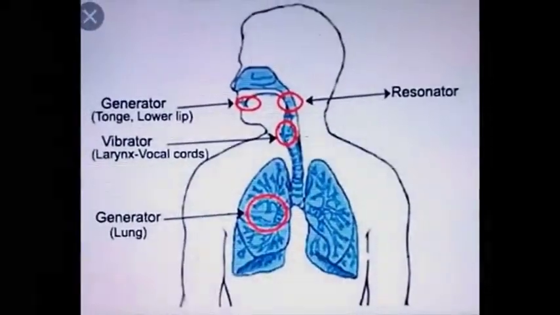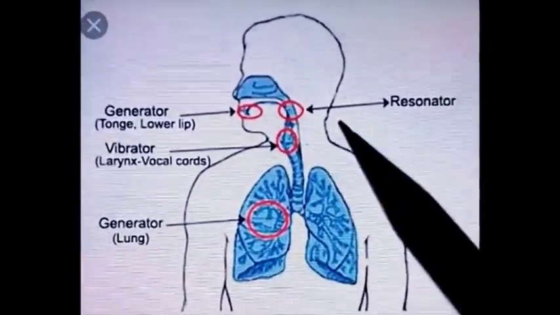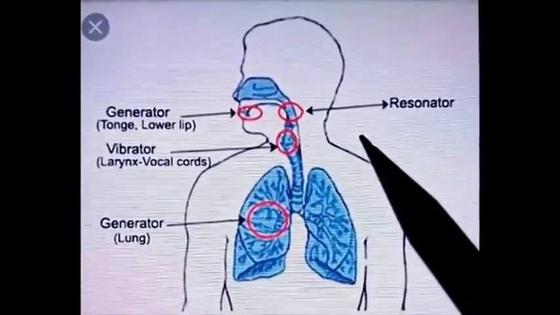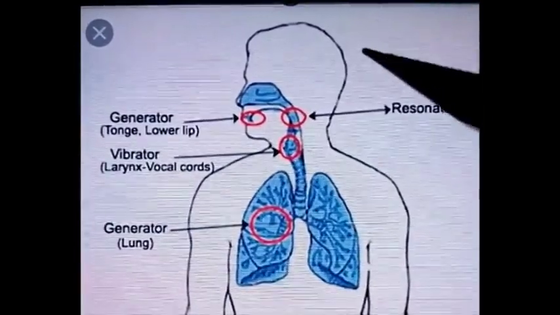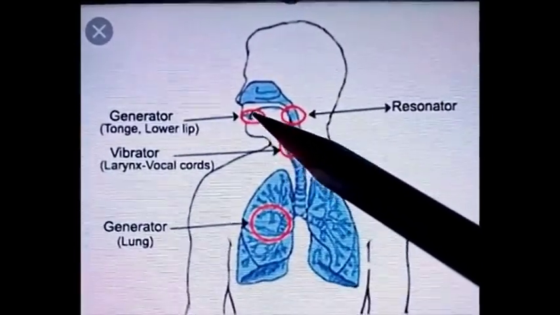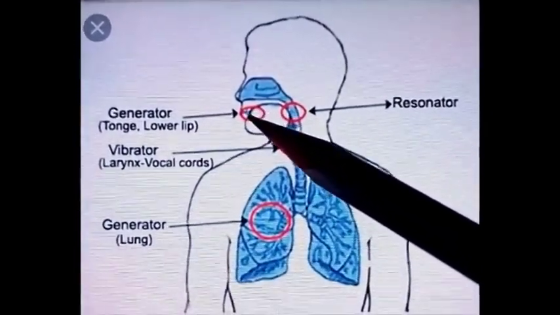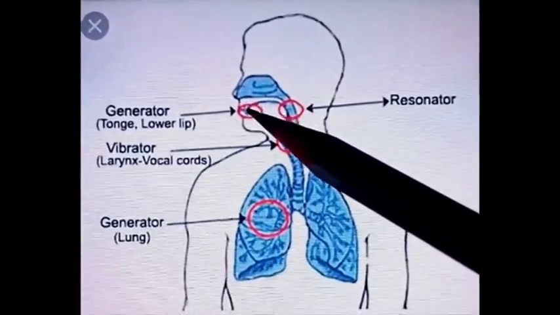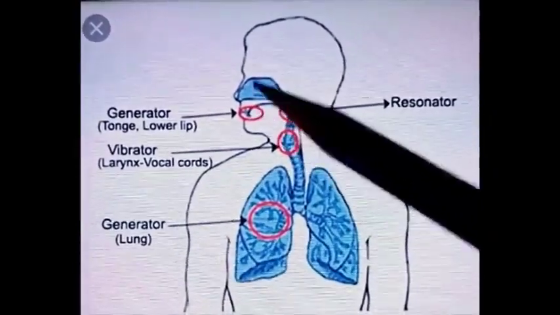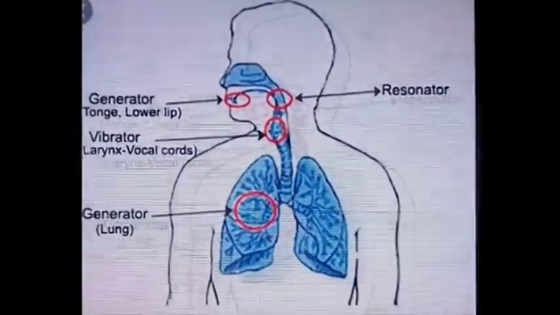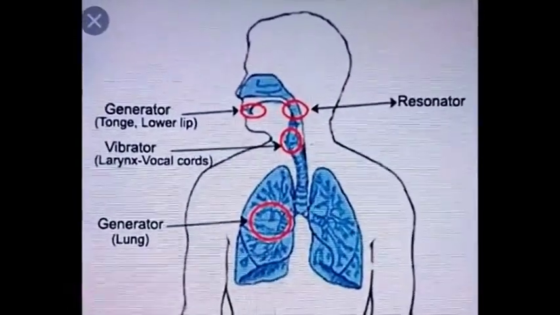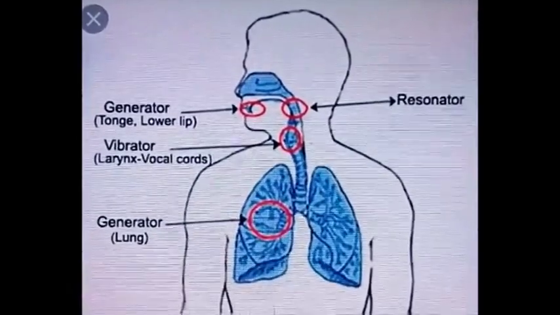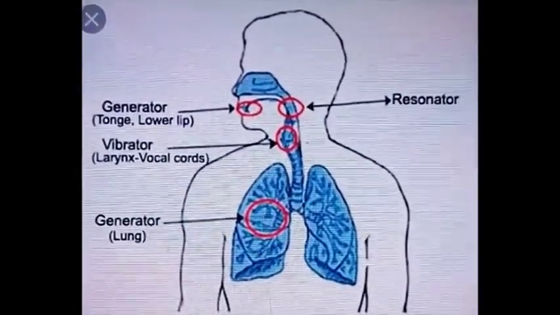Like the consonants produced by lips are p, f, b, bh, m. Means in the production of these consonants, lips move and obstruct the exhaled air, and these consonants are produced. Consonants produced by labiodental articulation are t, th, d, dh, n.